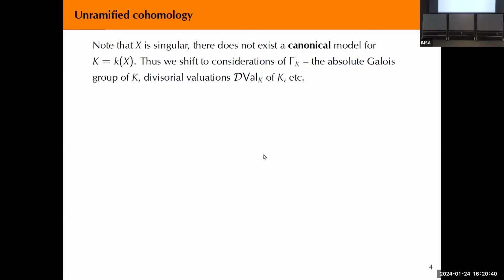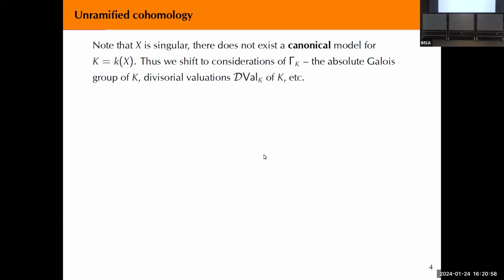And this motivated going away from looking at smooth models, since you don't know canonical smooth models for these things, to considerations of the function field rather than the variety.